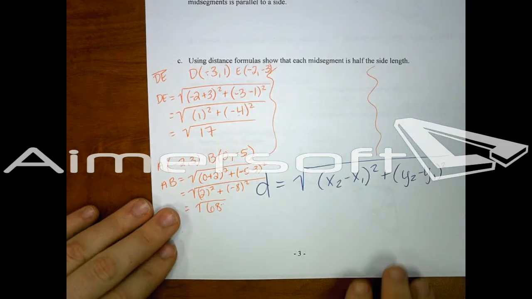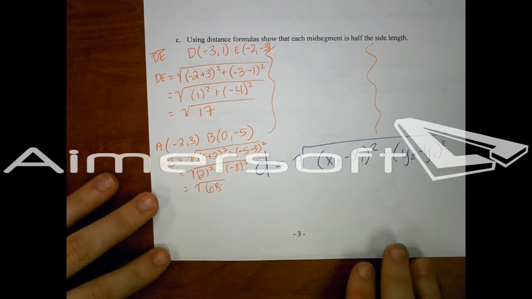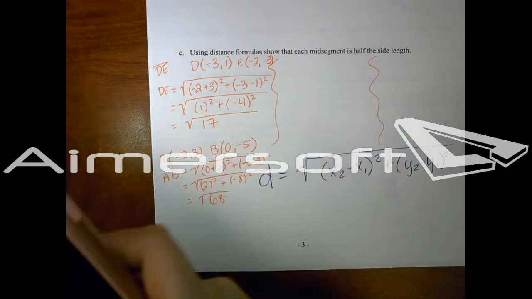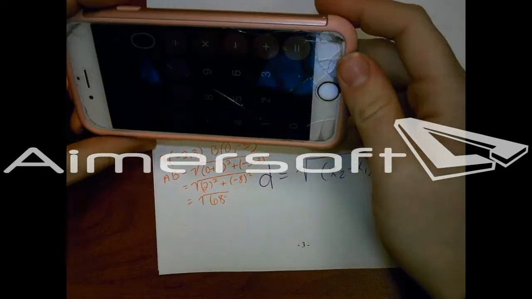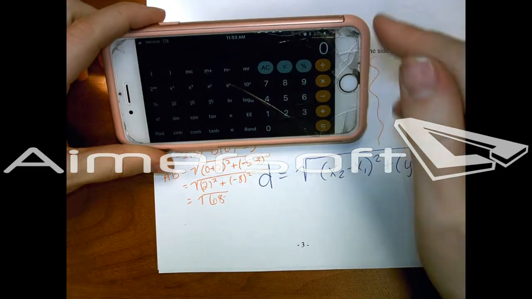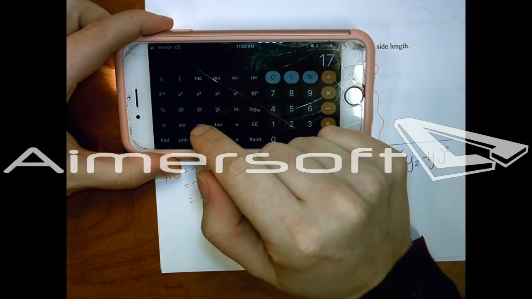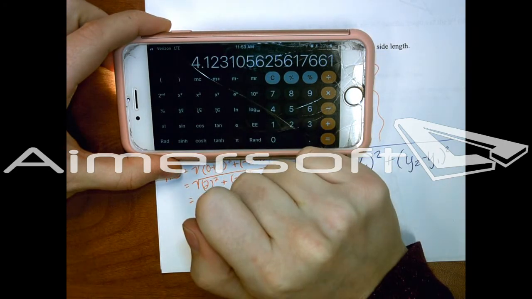So what you could do is change those to decimal values. If I plug these into my calculator or my phone, I'm going to do 17 and take the square root of that.